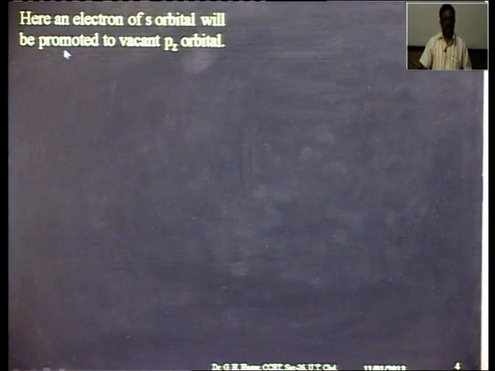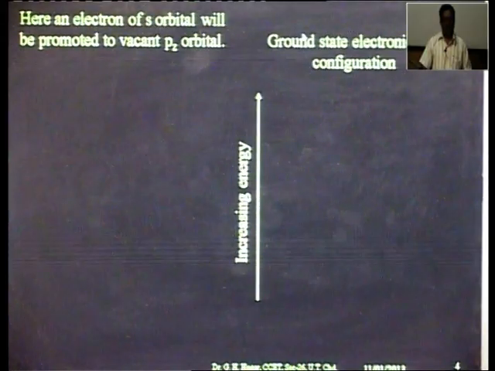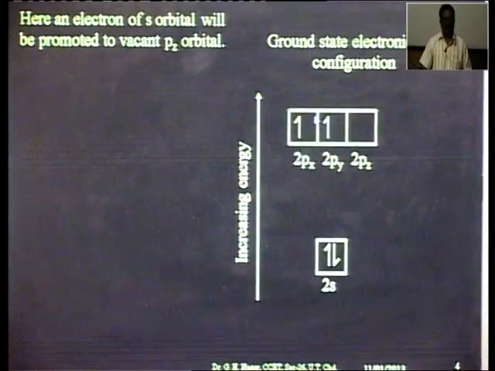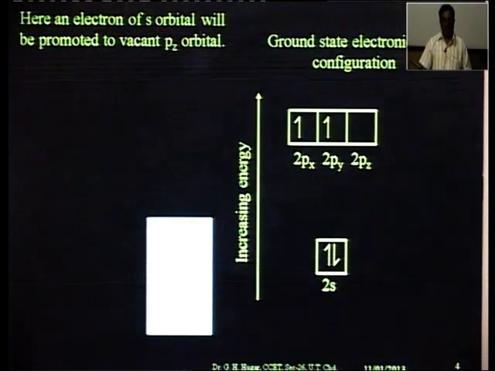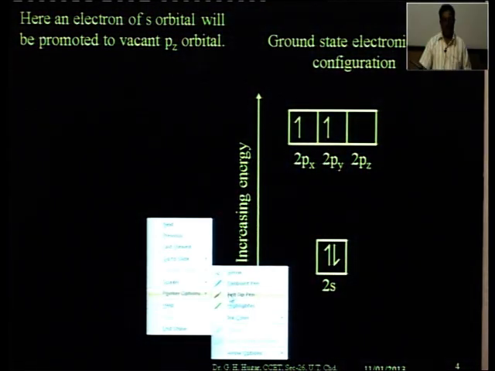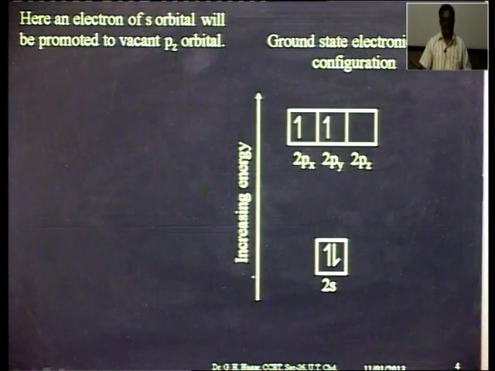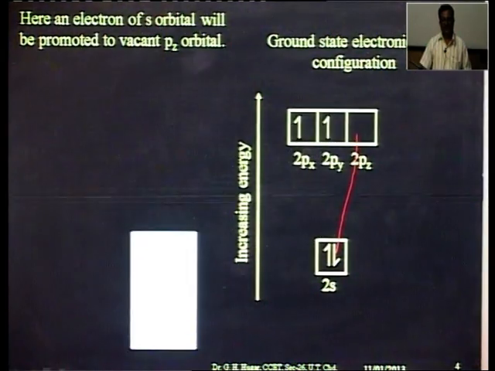So, here when we take the ground state electronic configuration of carbon, we know that 2s2, 2px1, 2py1 and 2pz0. So, there will be an excitation of one electron to the 2pz orbital.